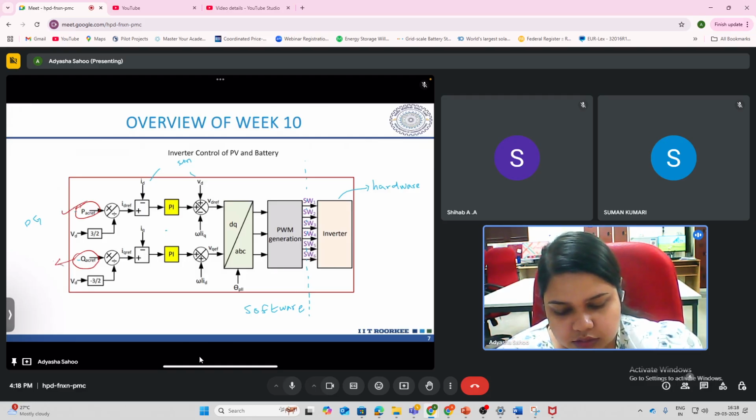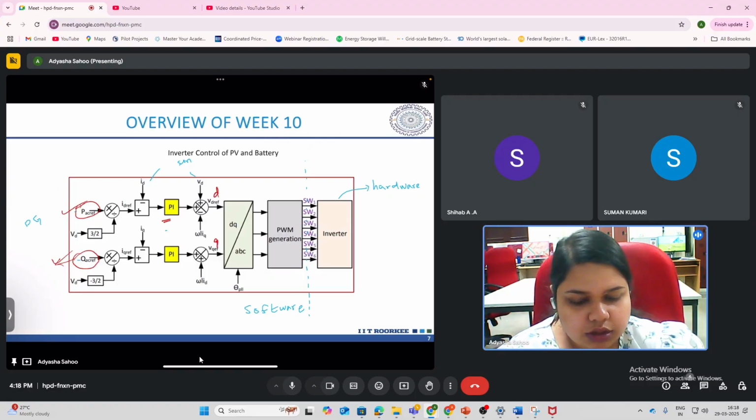The controller will try to minimize the error by comparing with the reference signal. We calculate this in the DQ frame, then transform it to the ABC frame, and then calculate the required pulses or duty cycles that are communicated to the inverter.